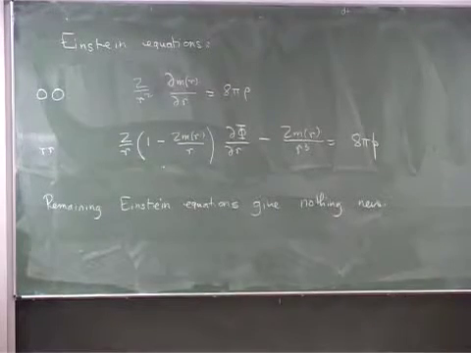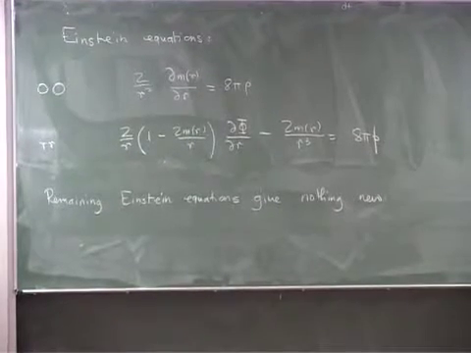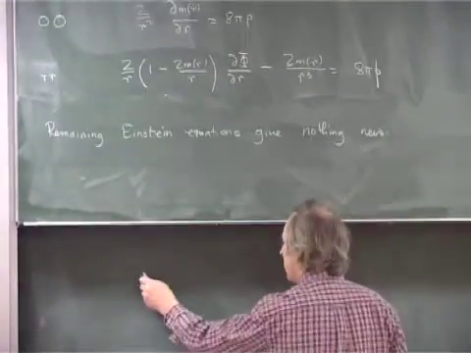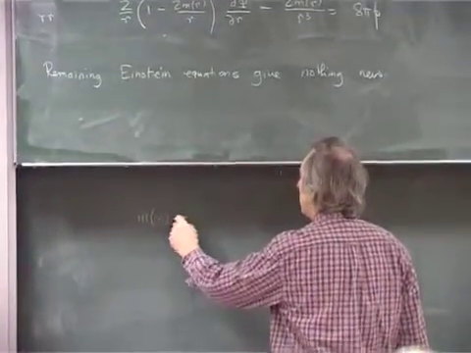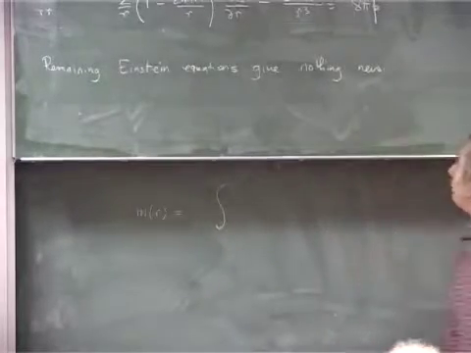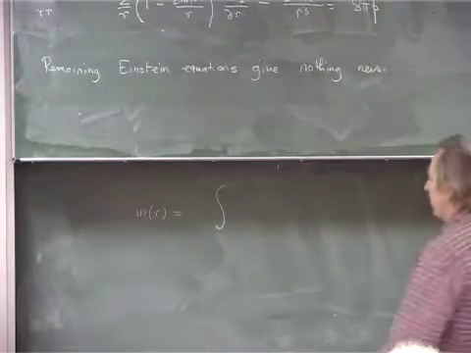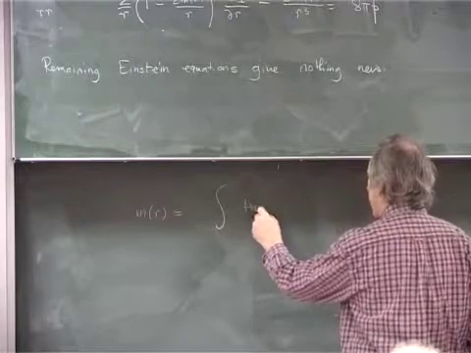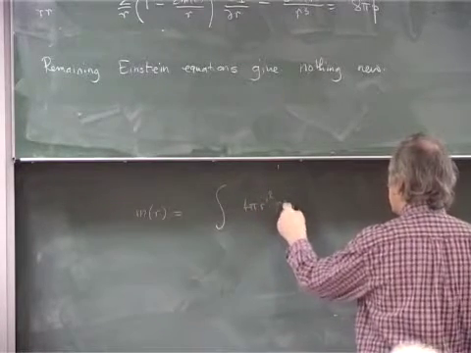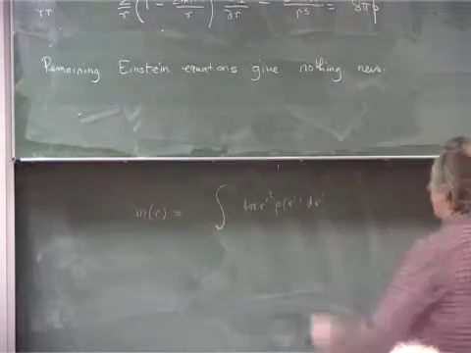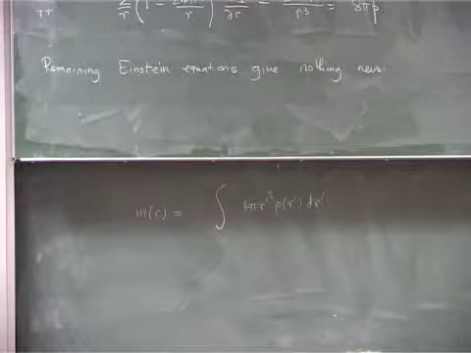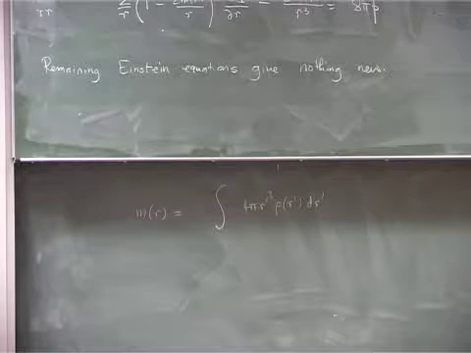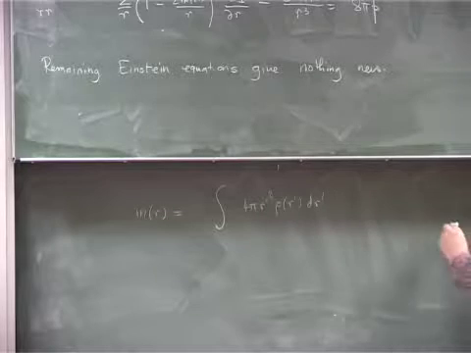Let me rewrite it. I can rewrite that expression as m of r is the integral of 4 pi r squared rho. Rho in general will be some function of r, so it looks like that. Now let's just think about what that actually means.